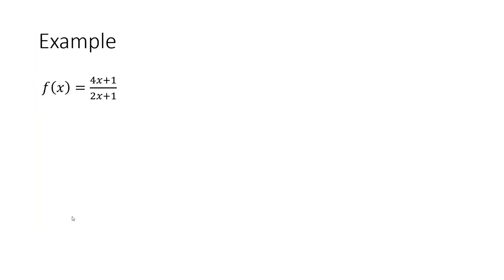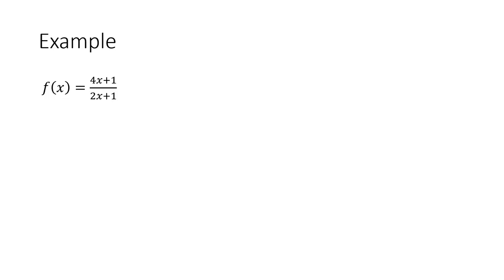The first example is 4x plus 1 over 2x plus 1. When we're working with rational functions, the first thing we always want to do is factor the numerator and denominator completely if possible. Here, 4x plus 1 is just a linear expression. There's no common factors, no GCF that I can factor out.